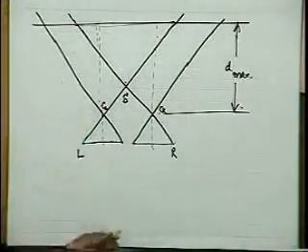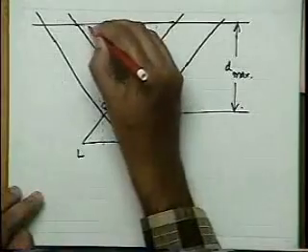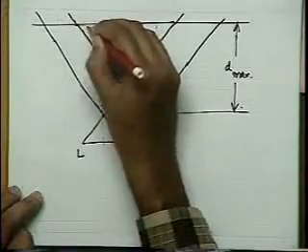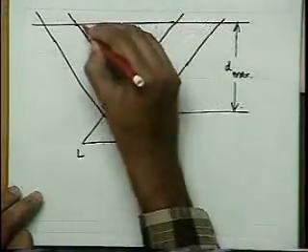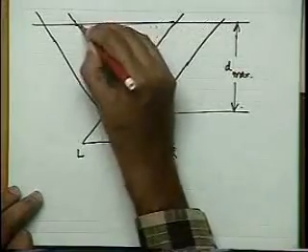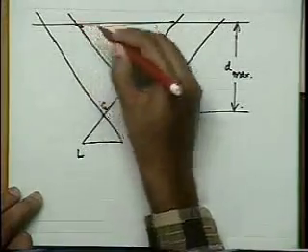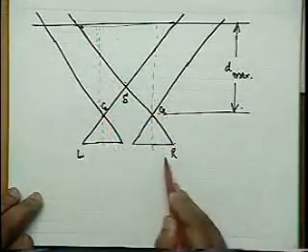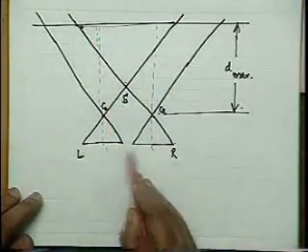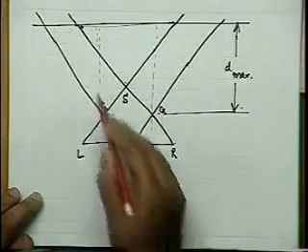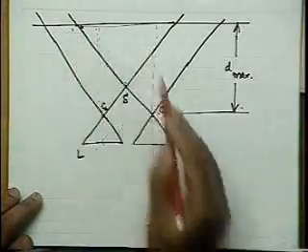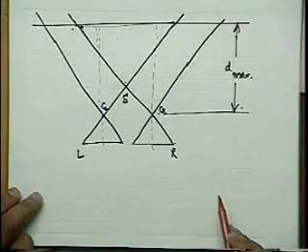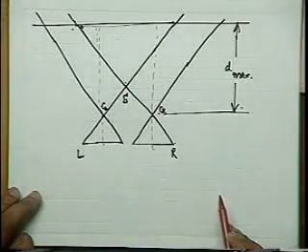Now just see, if I consider some point P over here, if the point P lies in this zone, then it is visible to both the left and the right camera. But if it is on this side, then it is not visible to both.